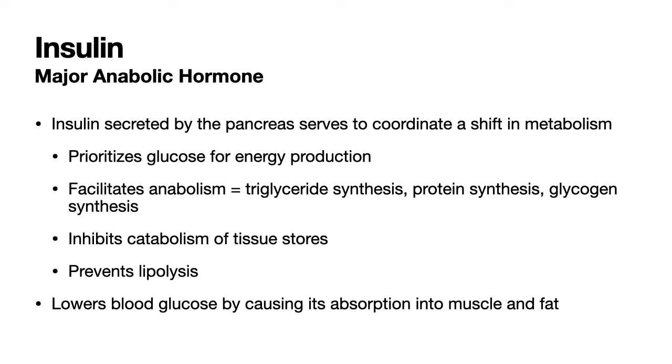So, insulin, by way of its intracellular signaling, will cause muscle cells to remove glucose from the blood by transferring it to its interior, or in simpler terms, absorption. The muscle cells will absorb glucose from the blood. Fat cells will also absorb glucose from the blood. So, by absorbing the glucose, what is reflected in the plasma is a lowering of glucose.